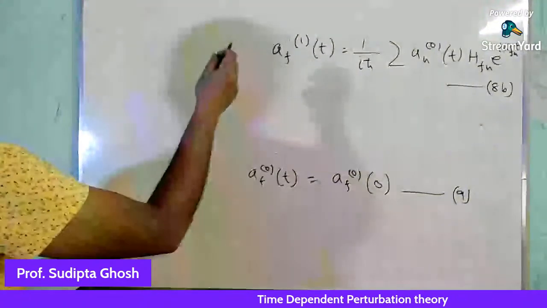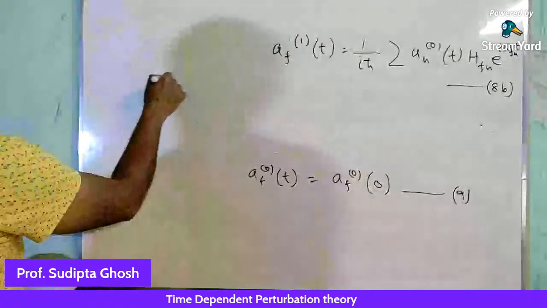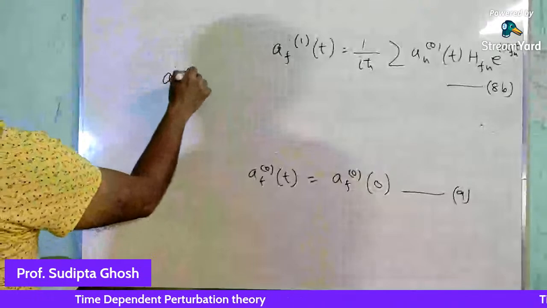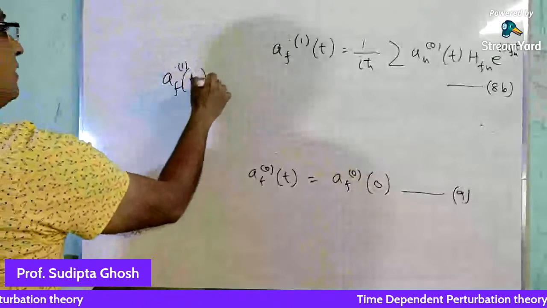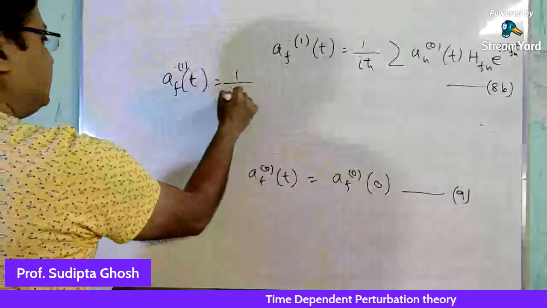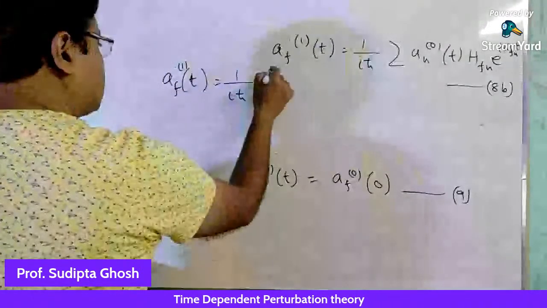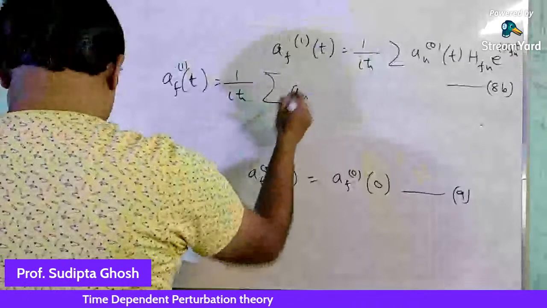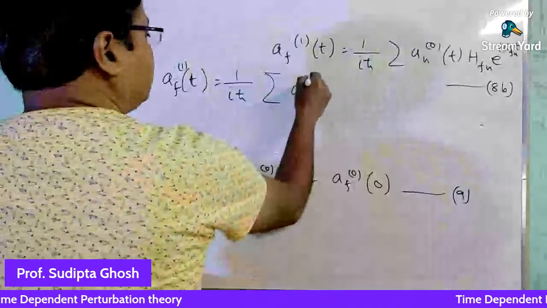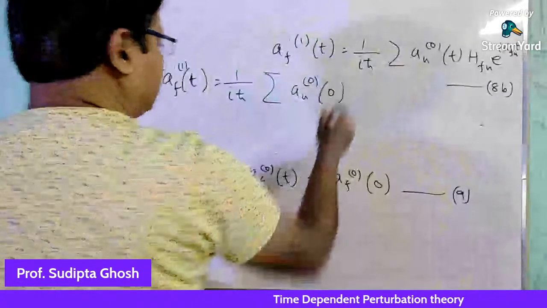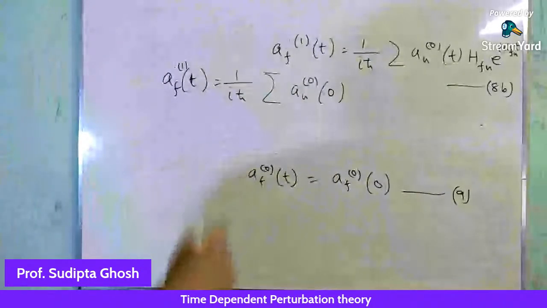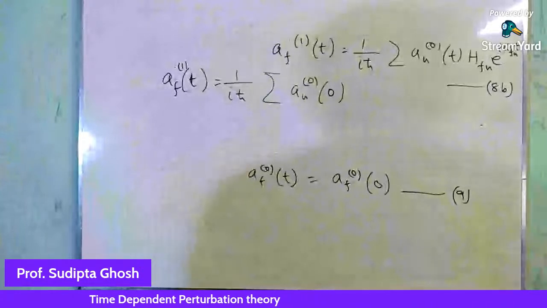So equation 8b can be written as a_f dot 1(t) equals 1 by i h-cut summation of a_n0(0) H prime_fn e to the power i omega_fn t, because from equation 9 you can see that.